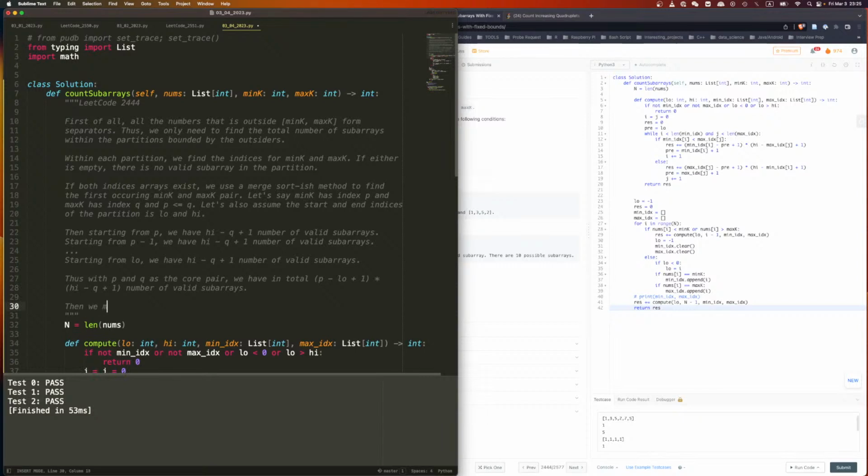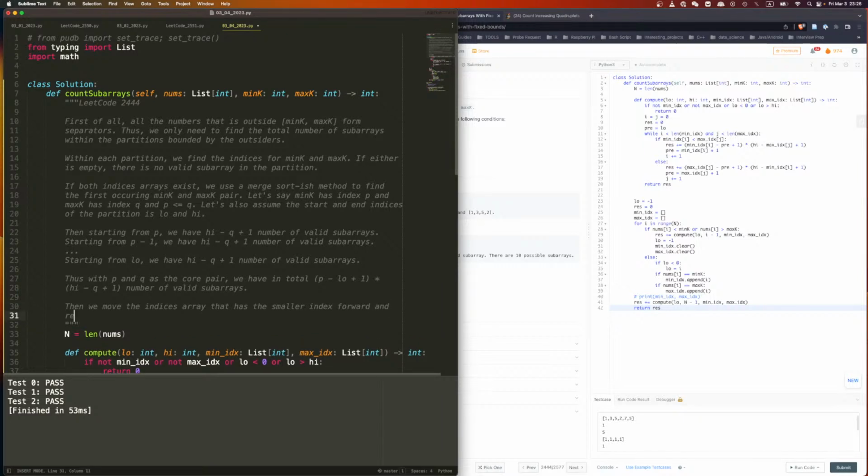Then we move the indices array of p forward, right? Now we move the indices array that has the smaller index forward, and repeat the same procedure above.